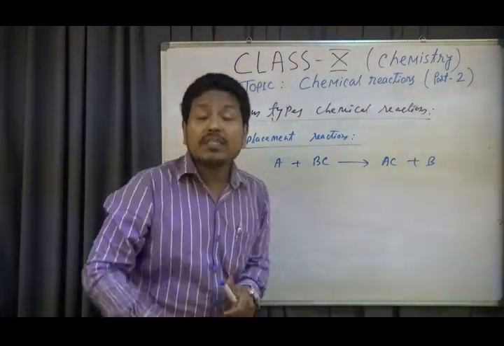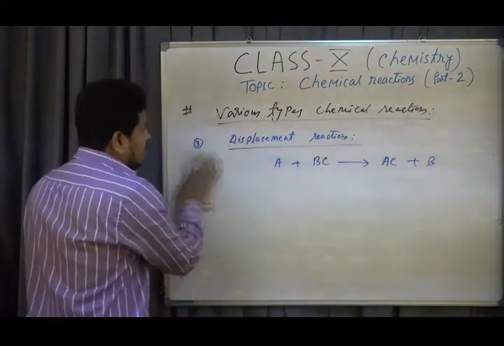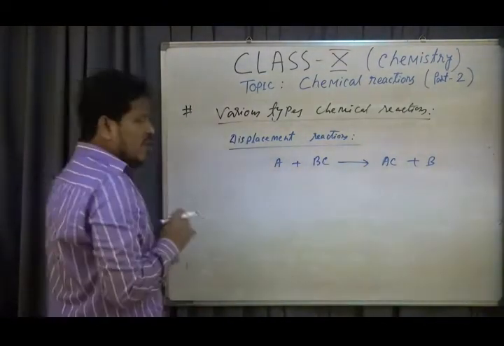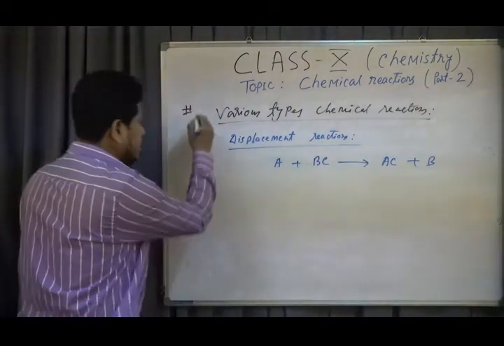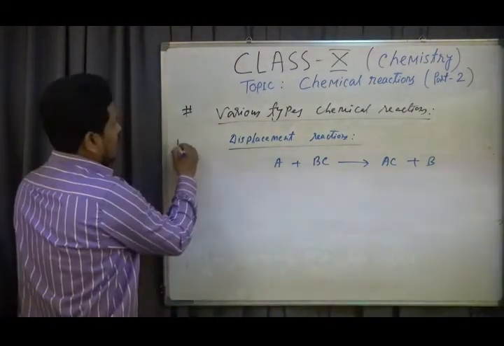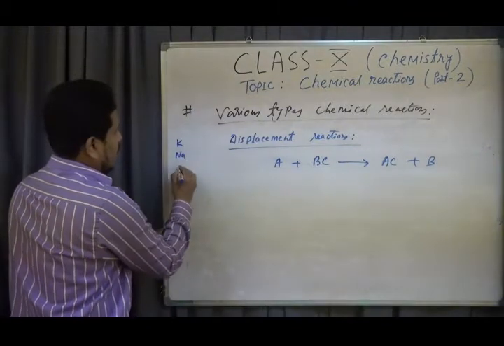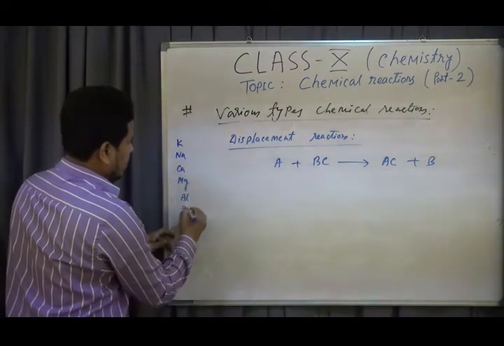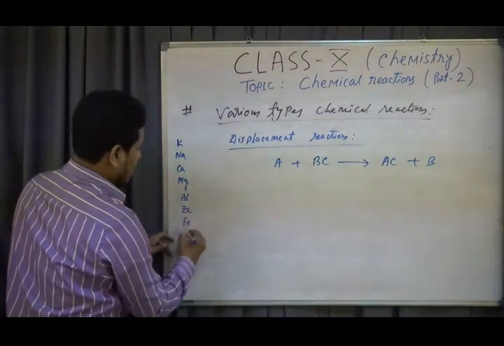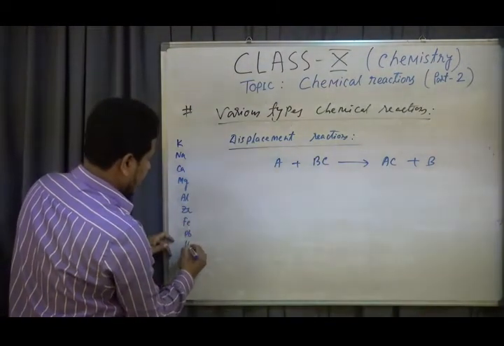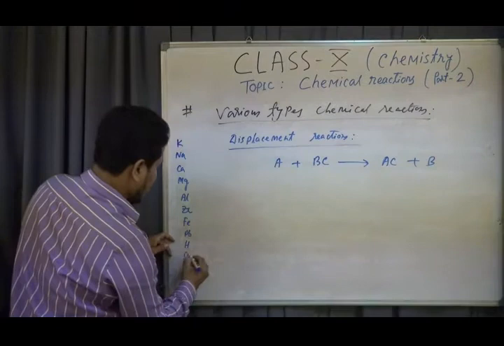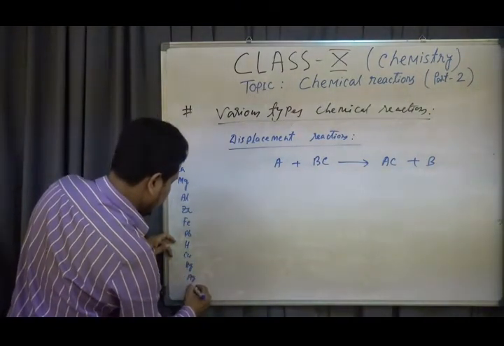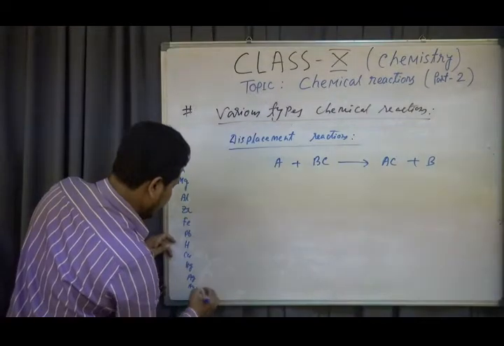There is a reactivity series of some important elements in your syllabus, write down the reactivity series. I hope you know in lower class there is a reactivity series of metals like potassium, sodium, calcium, magnesium, aluminium, zinc, iron, lead, hydrogen, copper, mercury, silver, gold, platinum.